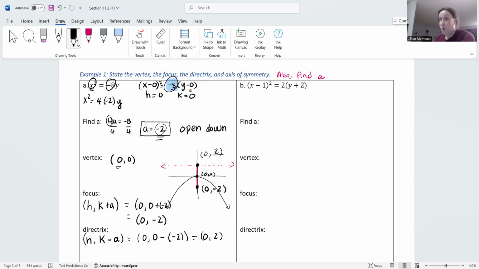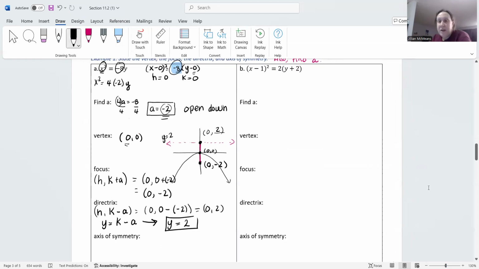We're definitely dealing with a horizontal situation here. Horizontal lines are always of the form y equals something. So the equation is y equals k minus a, which is y equals 2. That is definitely the equation of our directrix. And then finally, let me see if I can squeeze this all in one screen.